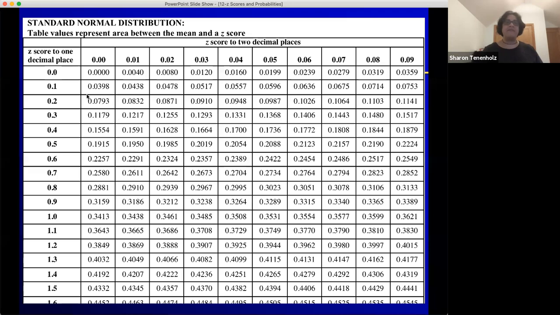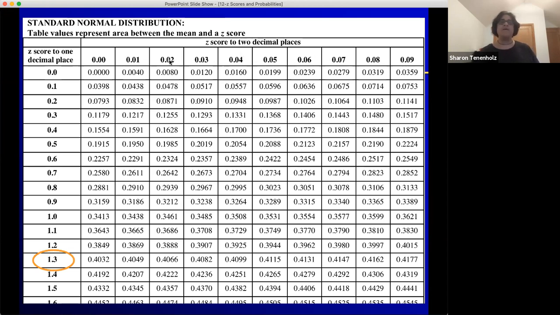So what we have here down the side is the z-score to 1 decimal place. So we first will want to identify the z-score we have to one decimal place. There it is, 1.3. And then across the top, we have the second decimal place.